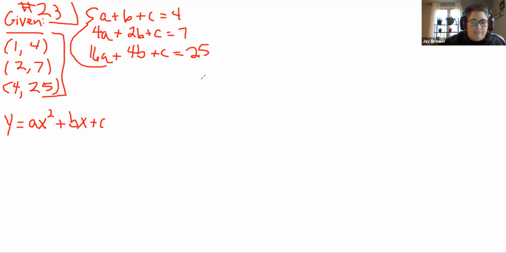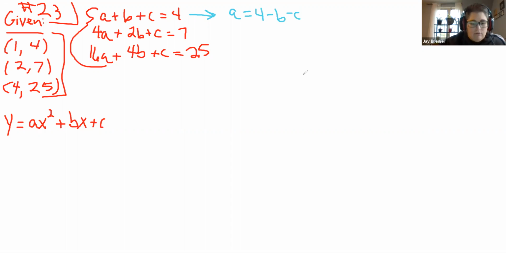Once you do that, your first step is to isolate a. So the way I did it is I just isolated a right here. So a equals 4 minus b minus c. This is the way I chose to do it. I think we did it following the PowerPoint steps the other day, and they kind of do it a little bit differently than me, but either approach is going to get you the same answer.